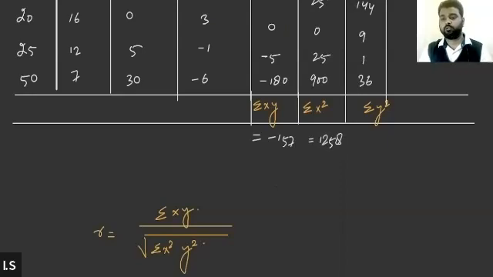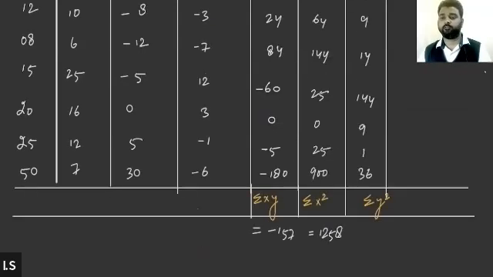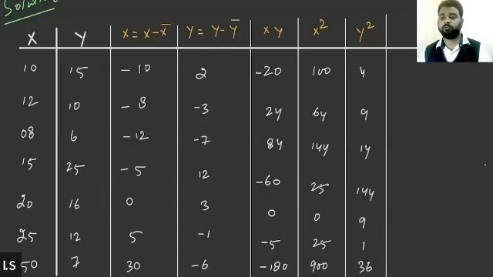And then we have 4 plus 9 plus 144 plus 9 plus 1 plus 36, 217.